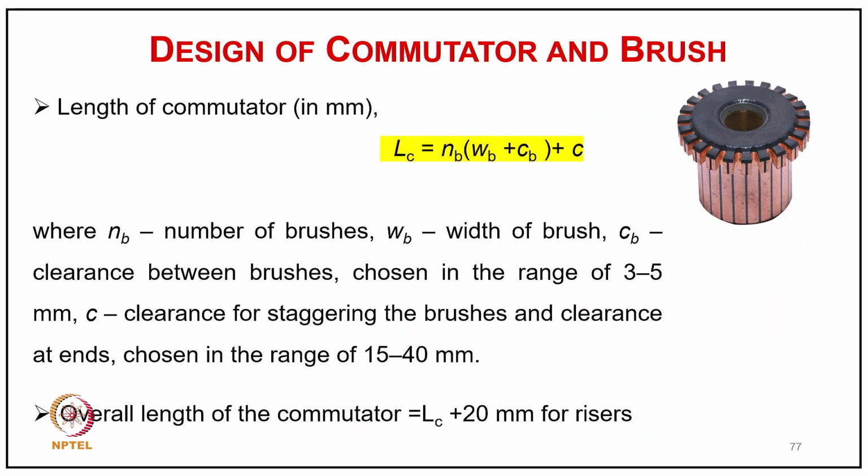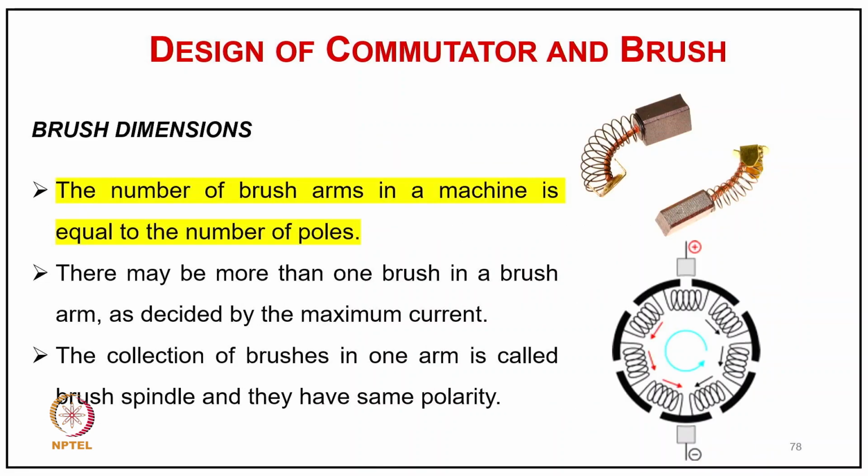So the length of the commutator in millimeter will be Lc equal to Nb (Wb plus Cb) plus C, where Nb is the number of brushes, Wb is the width of the brush, Cb is the clearance between the brushes, chosen in the range of 3 to 5 centimeters, and C is the clearance for staggering of the brushes and clearance at the end, chosen in the range of 15 to 40 millimeter. The overall length of the commutator is Lc plus 20 millimeter for the riser.